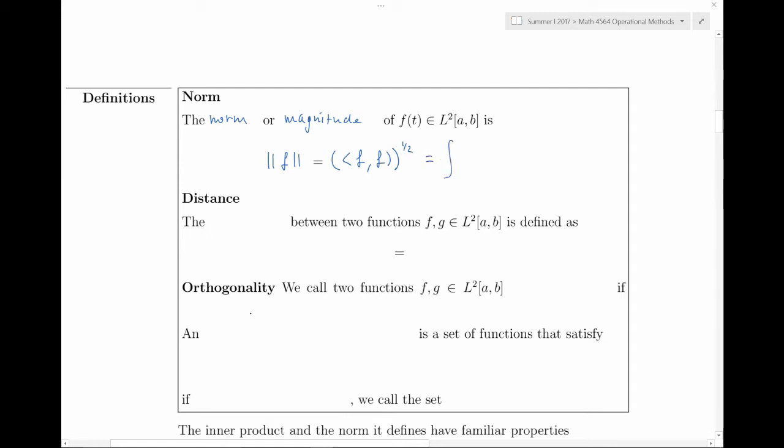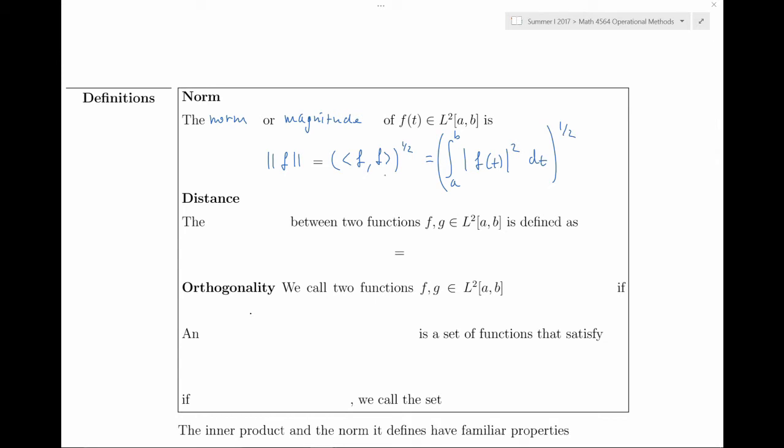And since the function may be complex valued, when you multiply a complex quantity by its own conjugate, you get the absolute value of this quantity squared. And then after integration, you take a square root. This definition is pretty much the same as the definition of a norm for vectors, because for the vectors, the norm is also an inner product of a vector with itself, with a square root applied to it.